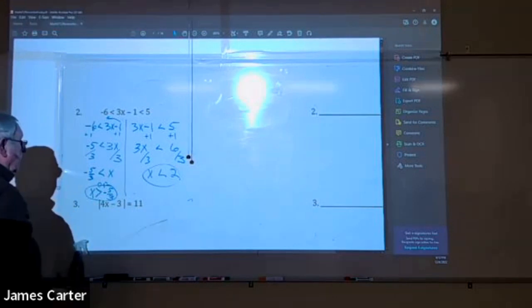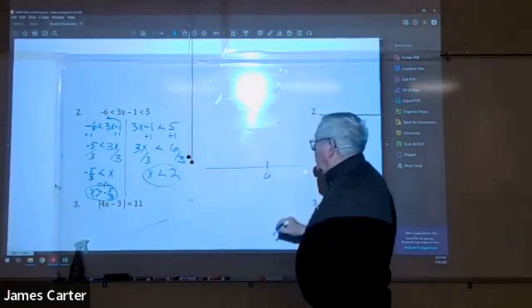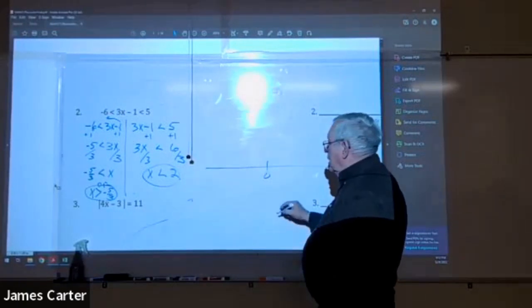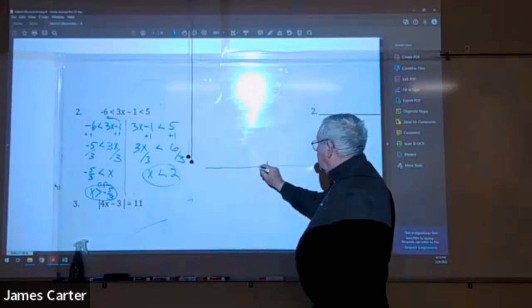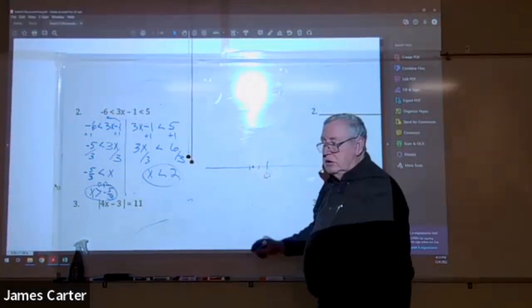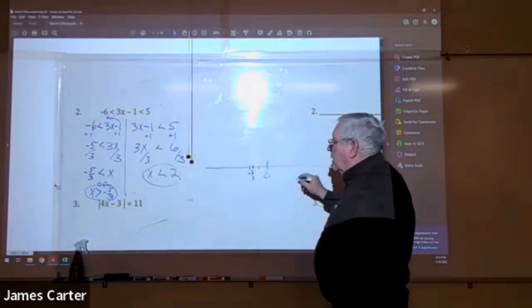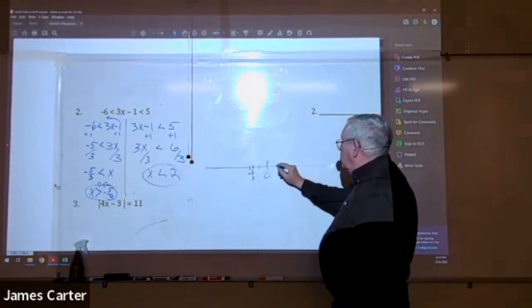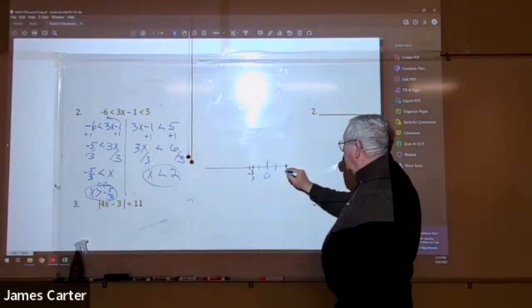What that means on the number line, here's 0, here's -5/3, which is -1 2/3. Here's 1, here's 2. And here is +2, right there.